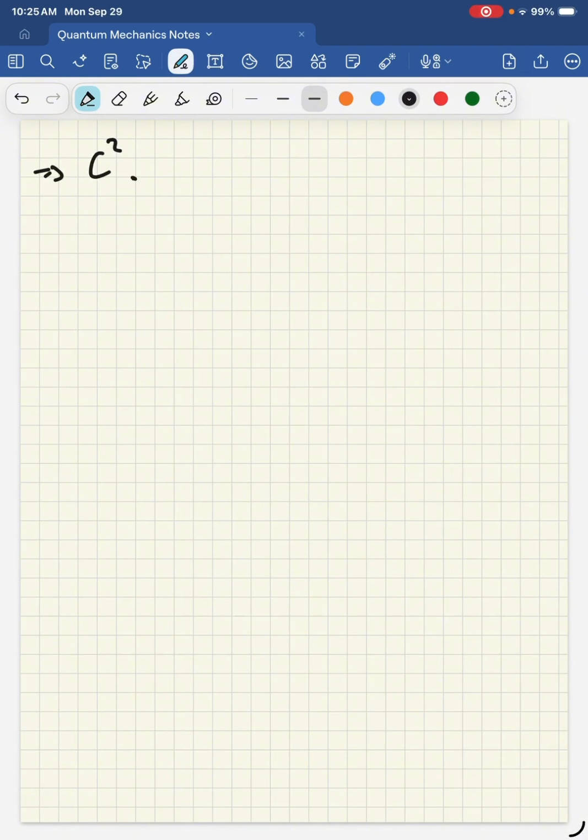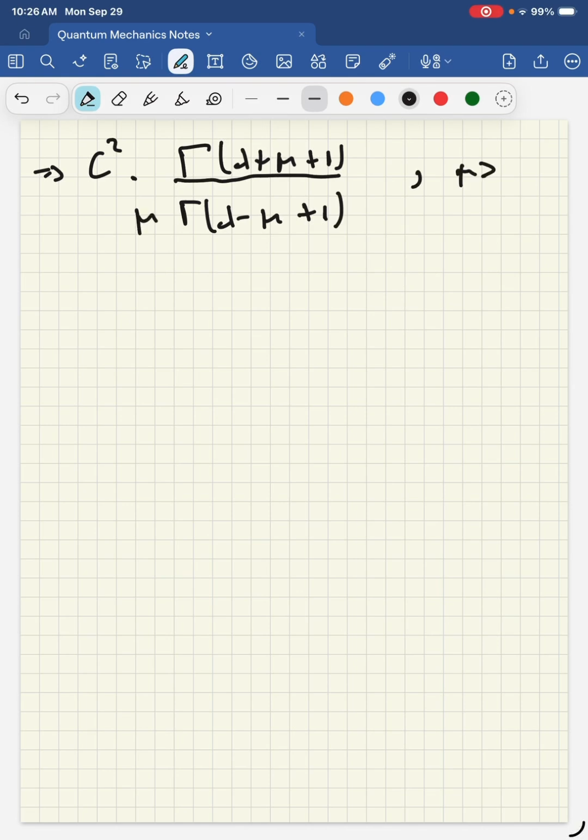c squared times gamma of lambda plus mu plus 1 over gamma of lambda minus mu plus 1 times mu, sorry, this must be equal to 1 and mu must be larger than 0.